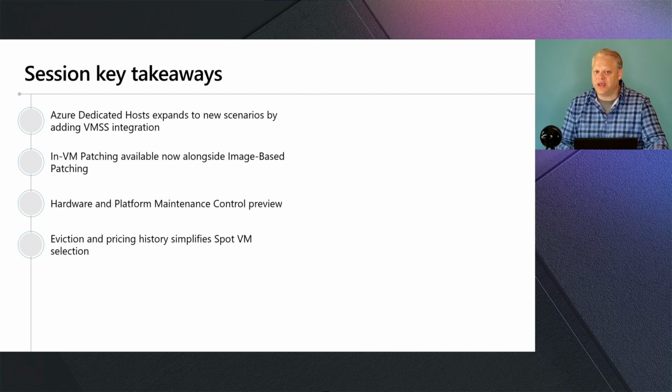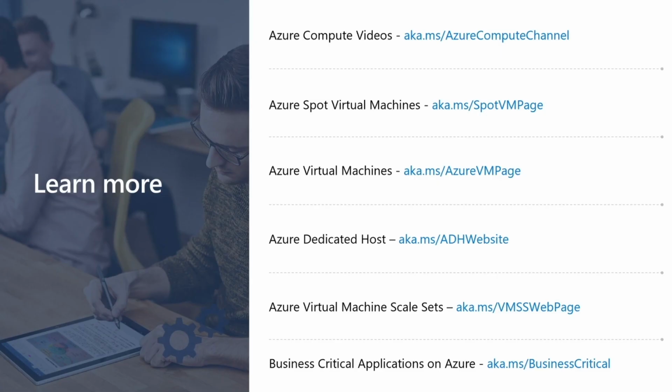Maintenance control, again, leverages and integrates with the OS patching as well as hardware updates and infrastructure updates within Azure, again, giving you more control on when updates are applied to your machine. And then finally, the eviction history and pricing history for Spot, giving you more control.